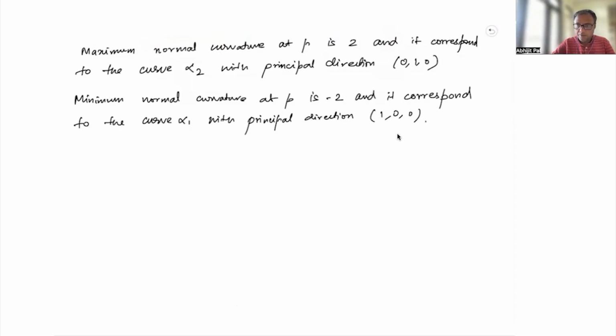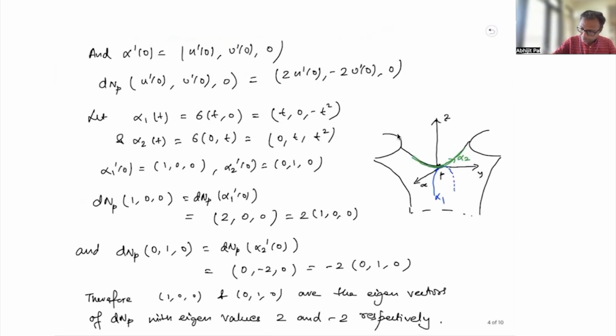Go back to the picture of the hyperbolic paraboloid. Here, the normal at the point P is (0, 0, 1). And we have these two curves, alpha 1 and alpha 2.